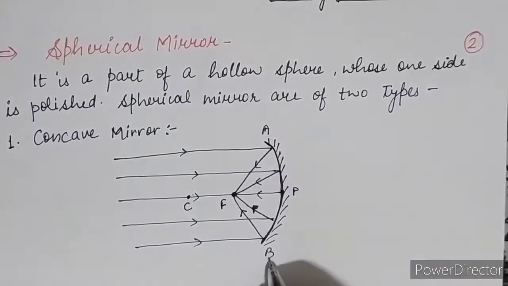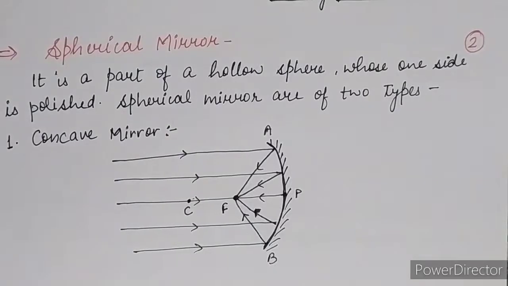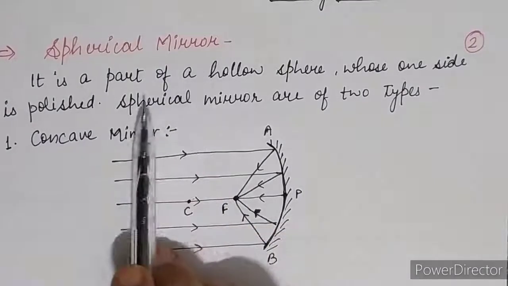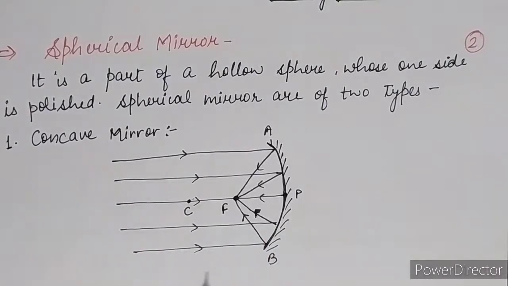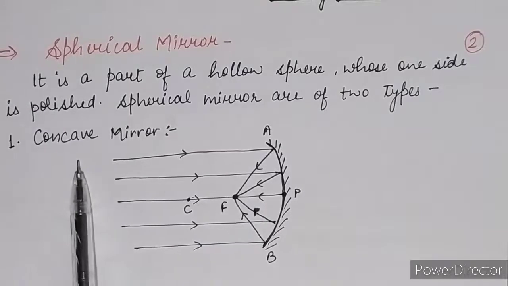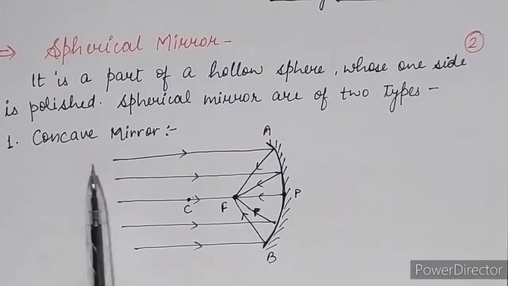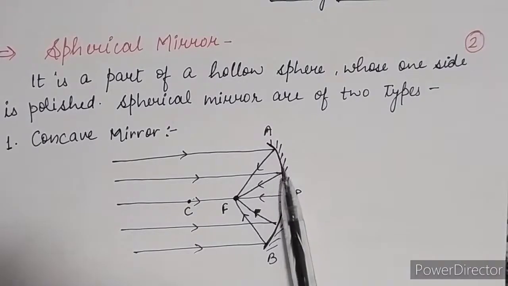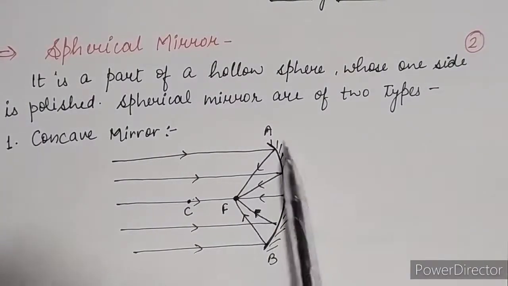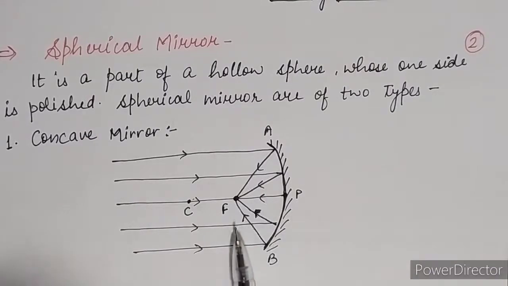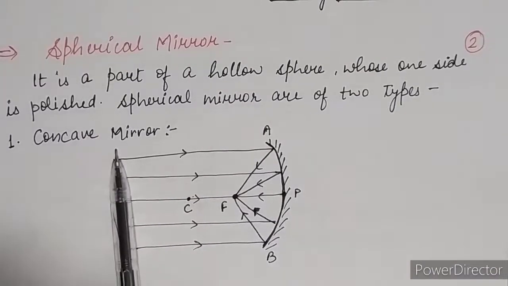First you understand what is a concave mirror. You know that the spherical mirror is a part of a hollow sphere whose one side is polished. Due to this polished side, it has two surfaces, and due to those two reflecting surfaces, the spherical mirrors are of two types. First one is the concave mirror, and in this, if the sphere has the inward curved surface as the reflecting surface and outward as polished, then such a mirror is known as a concave mirror.